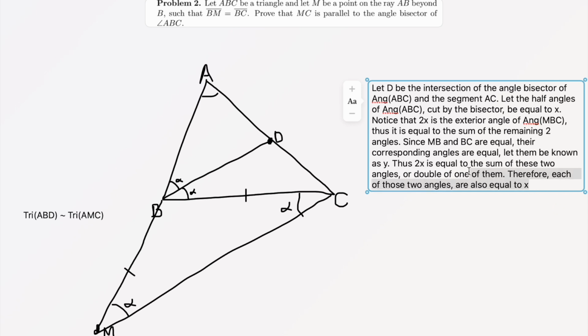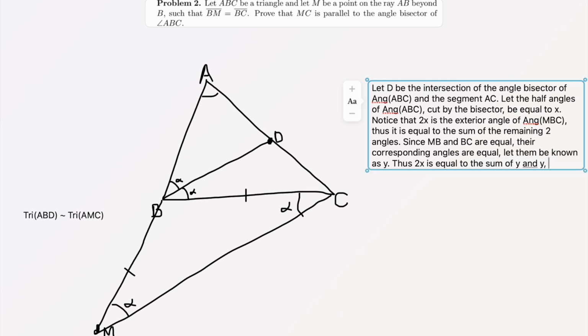Okay, so thus 2x is equal to the sum of y and y. So 2x equals 2y. And therefore, x is equal to y. Okay, good, we have that.